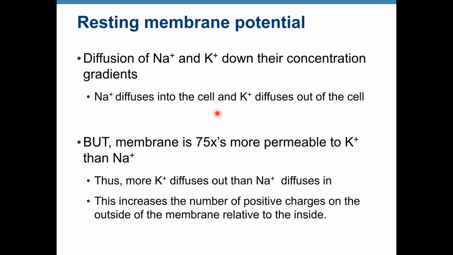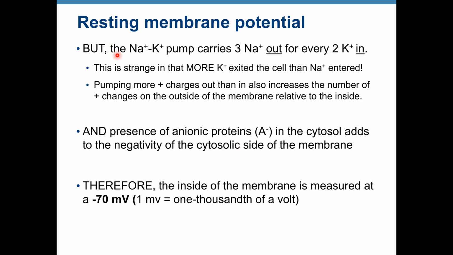Sodium diffuses in and potassium out, but the membrane is 75 times more permeable to potassium than sodium. So more potassium diffuses out than sodium diffuses in. And this increases the number of positive charges on the outside relative to inside. Here it says that the sodium-potassium pump carries 3 sodium out and only 2 potassium in, right? So even the pump itself is pumping more positive charges out.